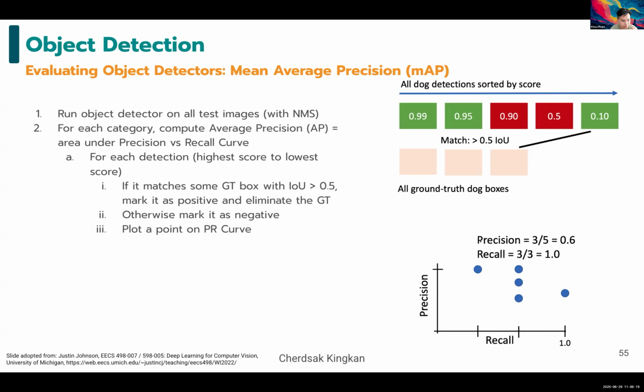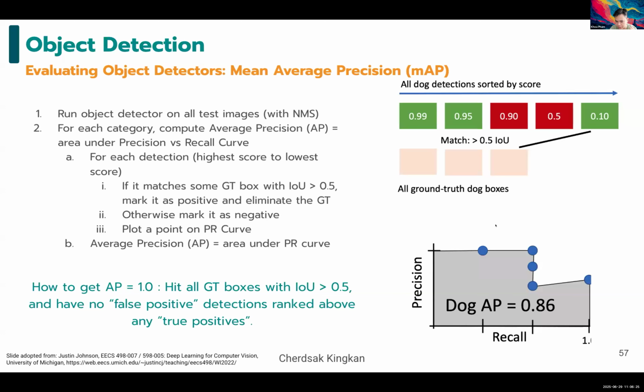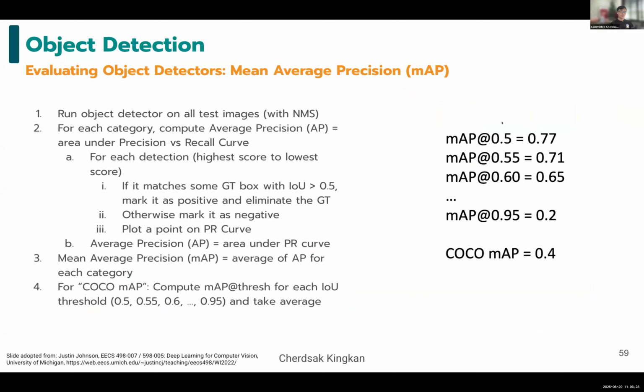Yeah, it's the same as in a classification problem when we calculate this number. So it will reflect what is the threshold that you are using for the overlapping area between the predicted and the ground truth.